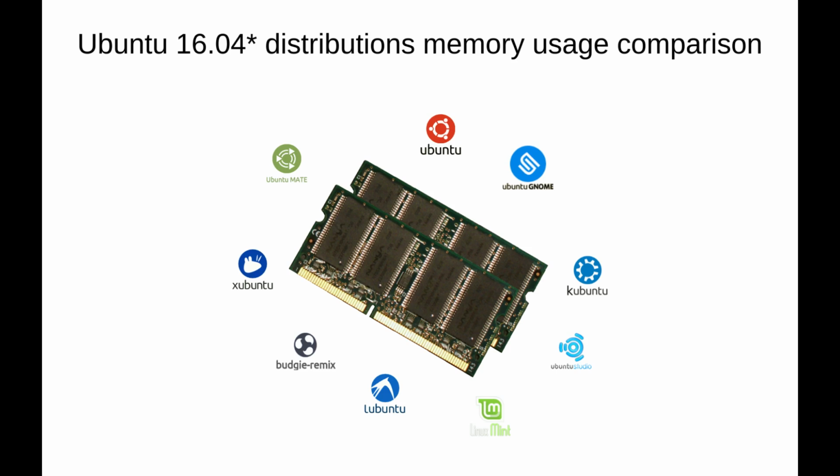The tested distributions are the main Ubuntu distribution with the Unity desktop, Ubuntu Mate, Ubuntu Gnome, Xubuntu, Kubuntu, Budgie Remix, which is not an official Ubuntu flavor until now, Lubuntu, Ubuntu Studio, and Linux Mint 17.3 Cinnamon Edition.